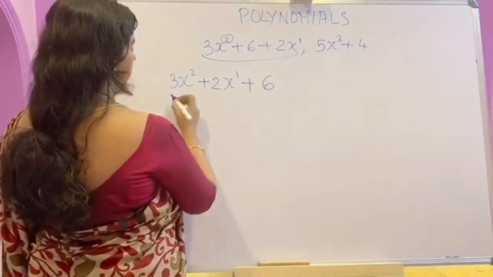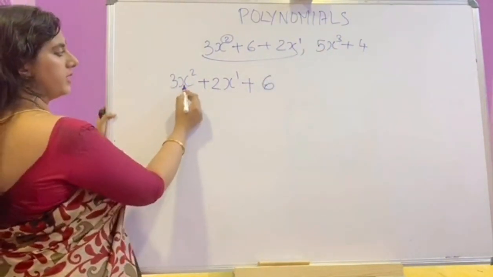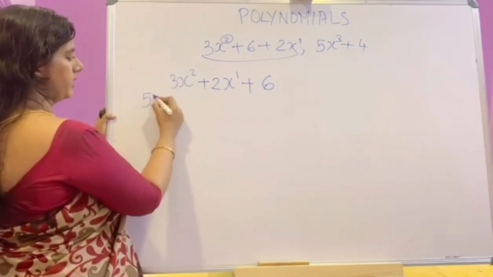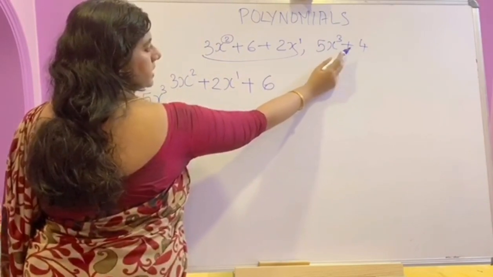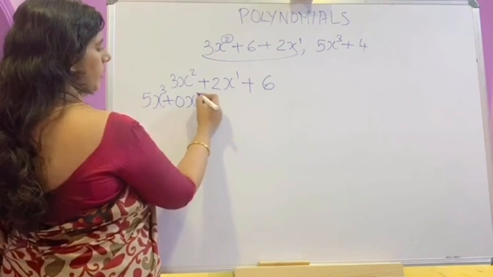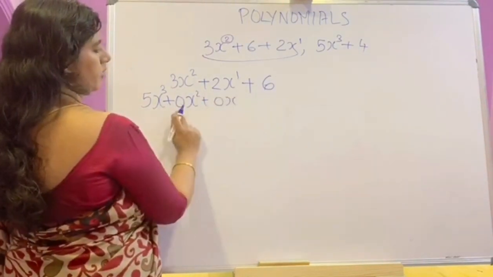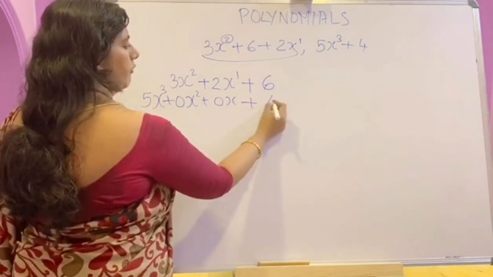Now writing down 5x cube, that we can't write under this x square term. We want to write it here, 5x cube. You can't see the x square term and x term in this polynomial. So you will write it as 0x square plus 0x. You can't find those terms. Now plus 4.